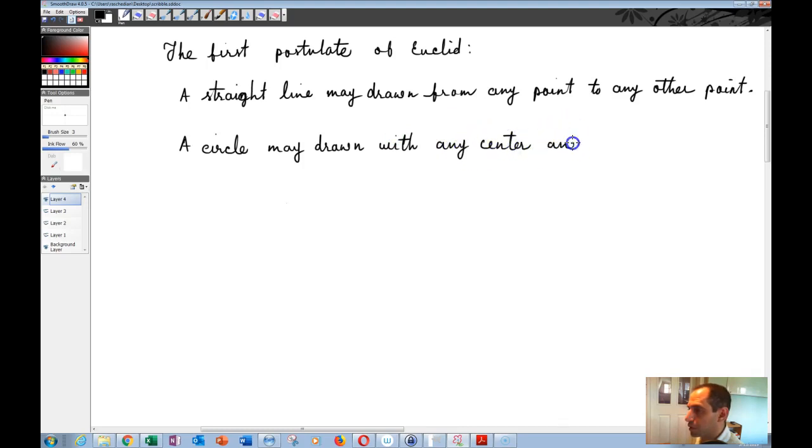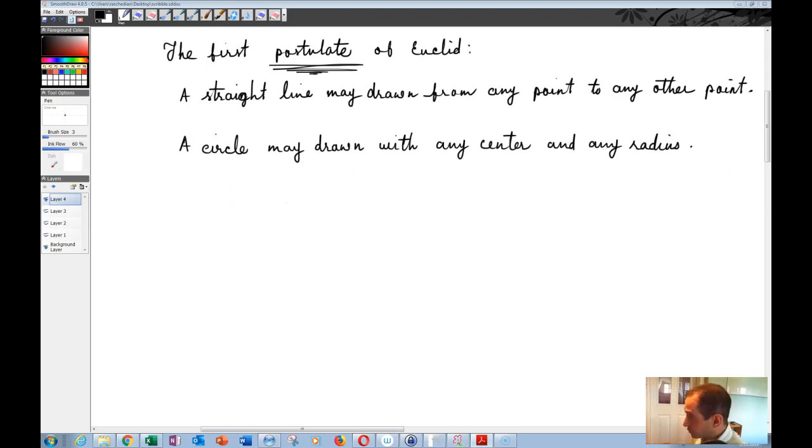That's something that, you can call it common sense or whatever you want. These are called postulates, and these have not been proved in mathematics.